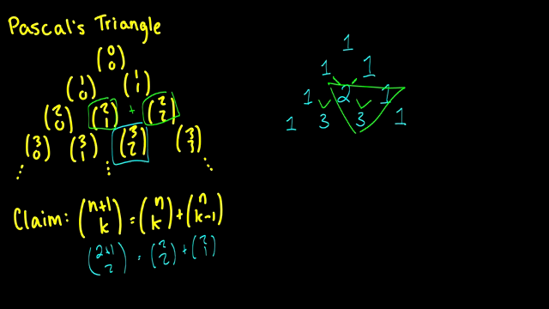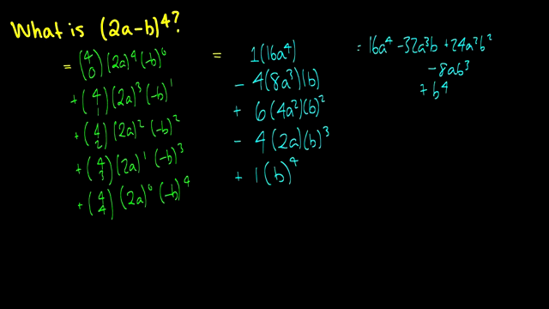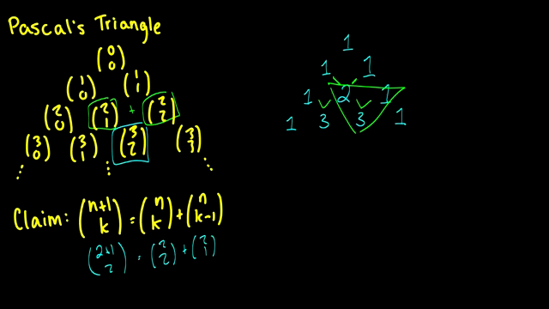So when I went back into this previous problem and I found these numbers right here, you'll notice that after I found this 4 right here, it didn't take too long to figure out what the next value was. And that was because I was able to figure out the numbers for the triangle at that line. Because if we go next, we know our outers are going to be 1, then we have 1 plus 3 is 4, 3 plus 3 is 6, and 3 plus 1 is 4.